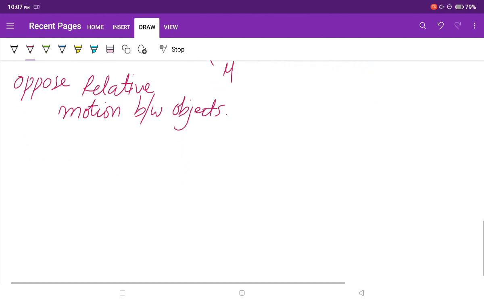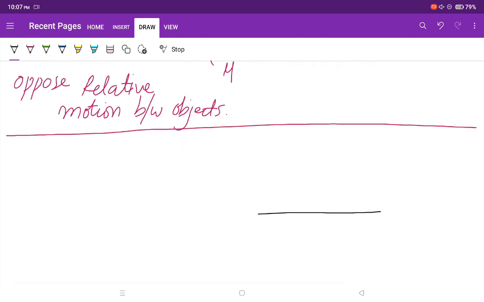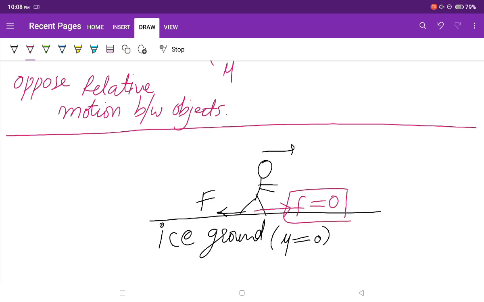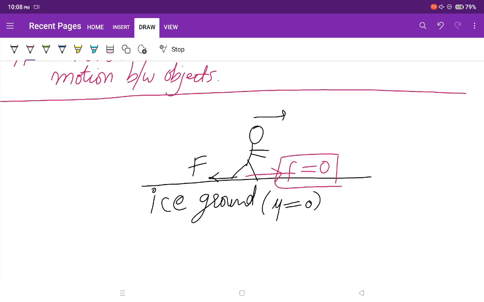Now for example, if we have ice ground, here friction is nearly zero. So if a person trying to walk forward pushes the ice ground backward, the person does not get any forward force to push him forward or to let him walk.